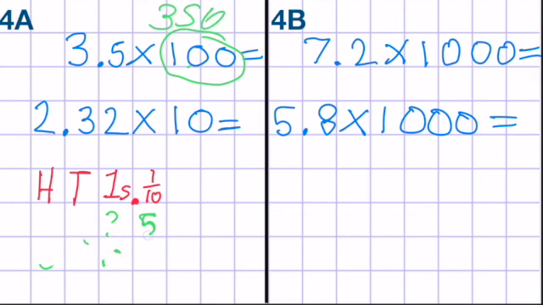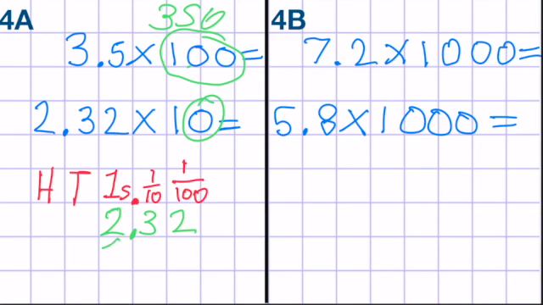Let's do 2.32 times 10. I'm leaving my headings there. 2.32. And look, I'm using the hundredths column. Right, we're timesing by 10, so the digits move 1 place this time because there's 1 zero and we're multiplying, so they go left.